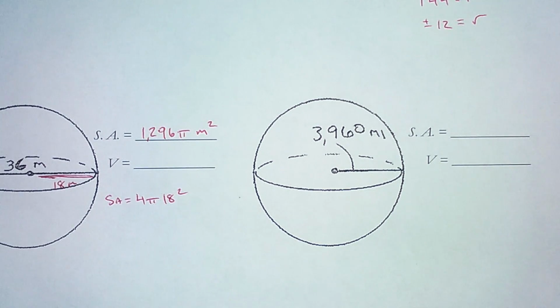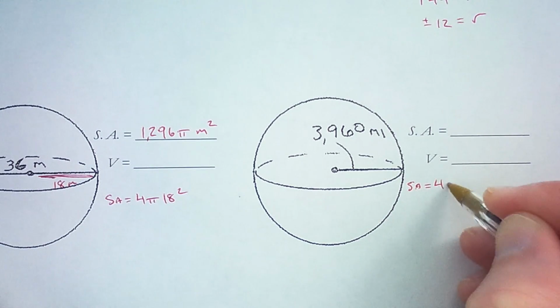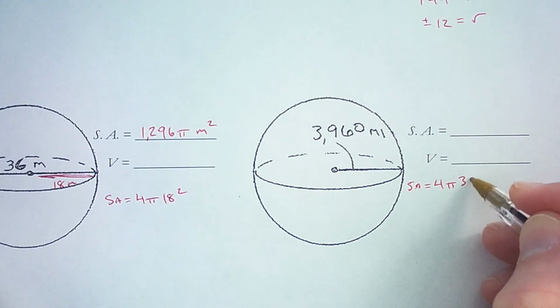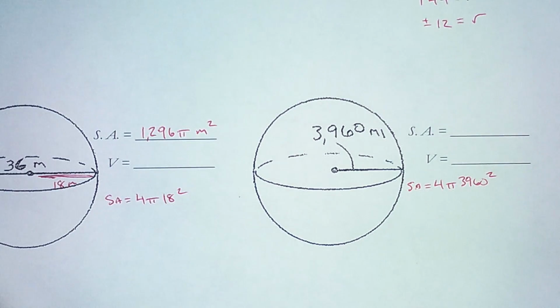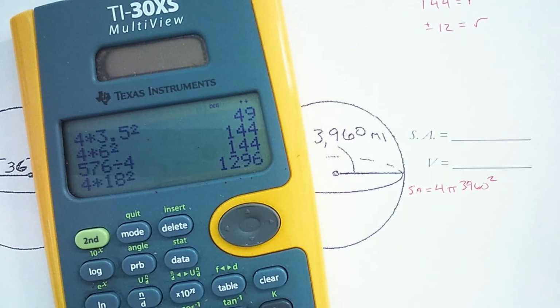And when we deal with real-world problems, I like to not leave the answers exact, but rather round and have an approximate answer. So this time I will put pi in the calculator. So the surface area is 4 pi radius 3960 squared, and I will be putting that pi in the calculator this time.